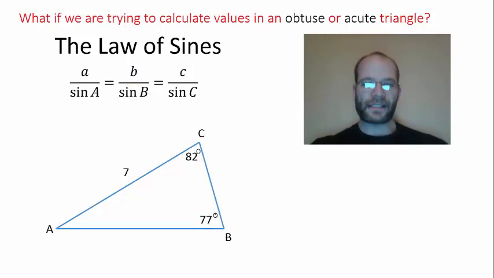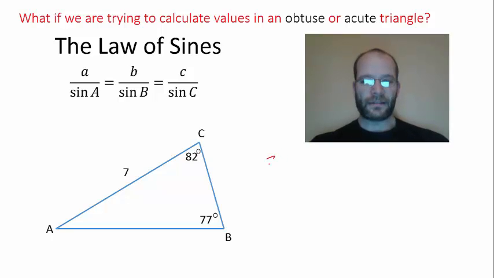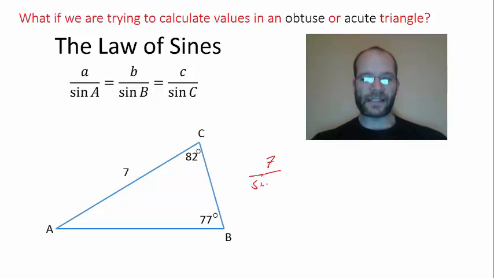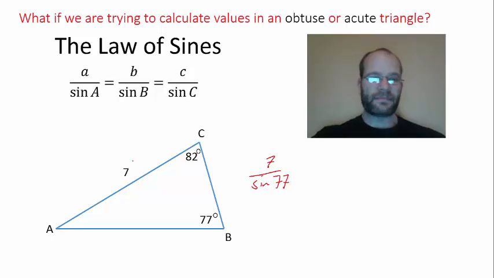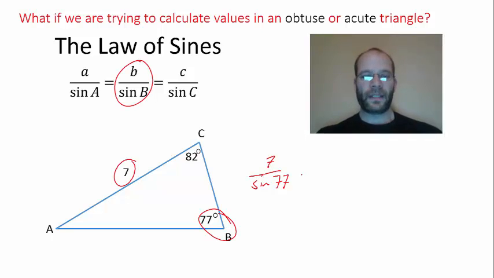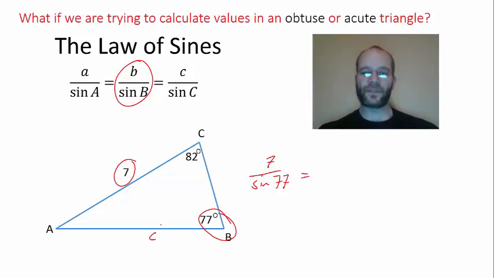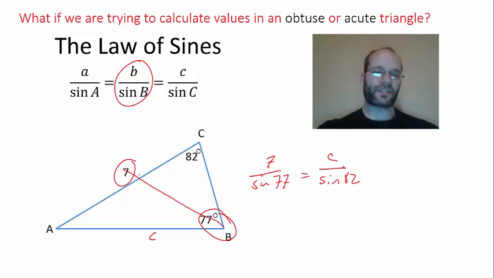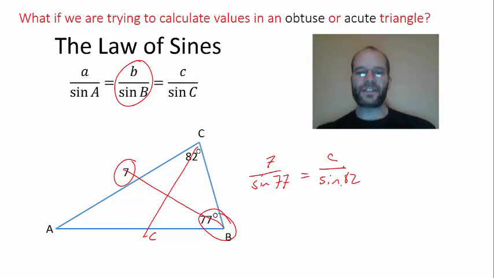I'm going to place 7 over sine 77, that is b over the sine of angle B, and say that that is equal to c, which is what we're looking for, divided by the sine of 82. So I'm comparing these across in ratios. Now all we need to do is multiply both sides by the sine of 82.